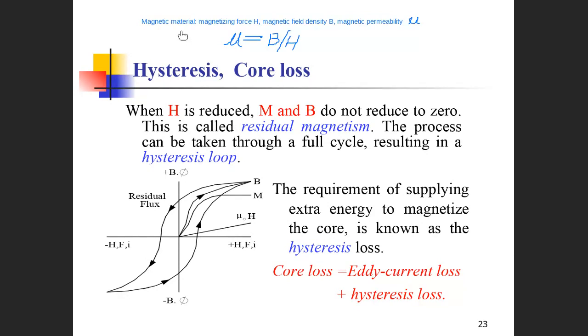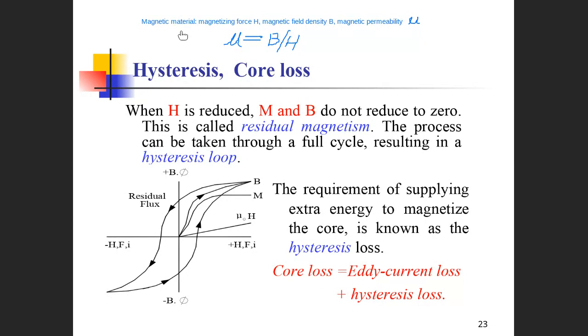Okay, so once again, any magnetic material has its unique permeability, mu. If you apply a magnetizing force, H, on the material, then there is a magnetic flux density, B, produced in the material.